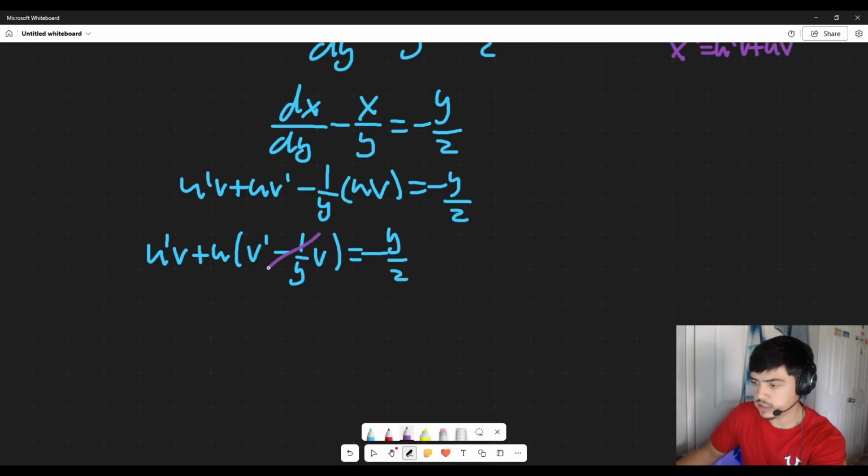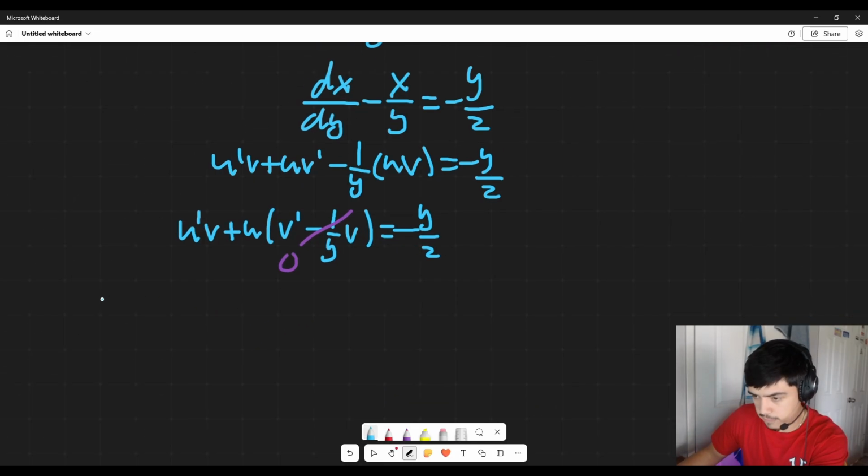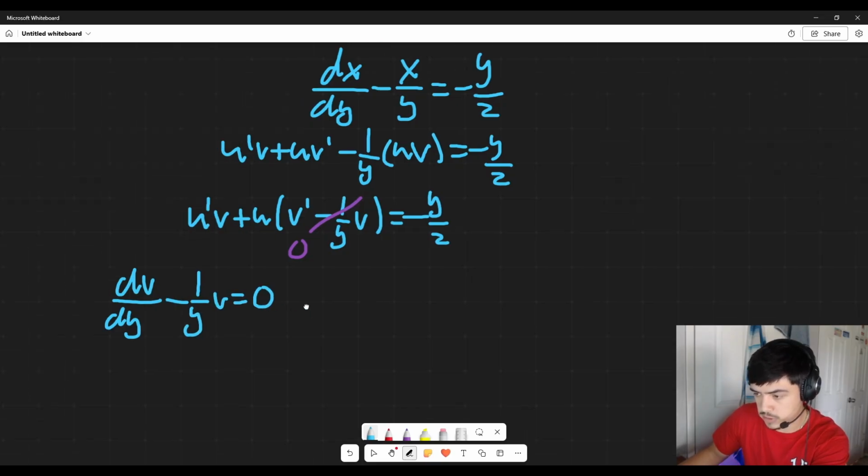Remember, setting this equal to 0, we can go ahead and work on this on the side. So we have dv over dy minus 1 over y times v equals 0.